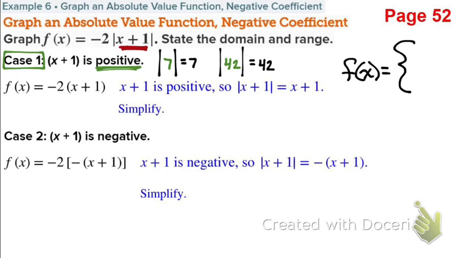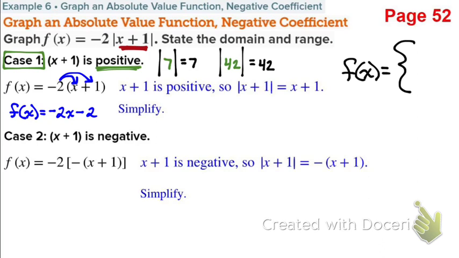So that would give me this for one of my rules. What can I do with this to clean it up? Multiply. I'm going to use the distributive property. I'm going to distribute -2 to each of these pieces. So I get -2x minus 2. All right, so that's one case, if what's inside the absolute value is positive.